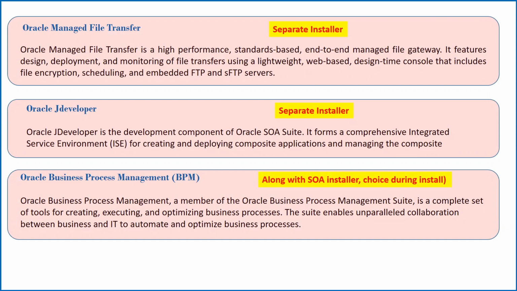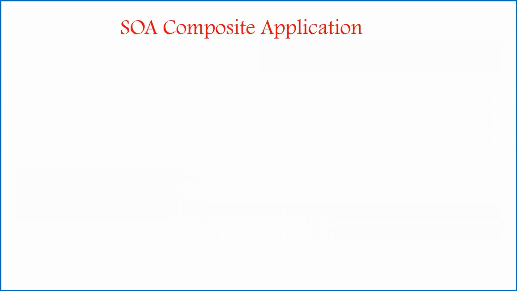But when you install SOA, it asks you for two options: you want to install only SOA, or you want to install BPM. If you are installing SOA, then it is plain SOA with the components that I have explained. If you select the BPM option during installation, that means you are installing SOA as well as BPM, both. So these are the clear definitions and explanations of the different kinds of SOA components.